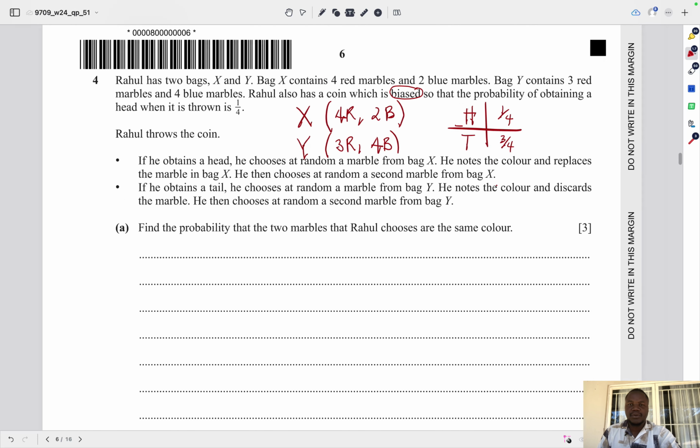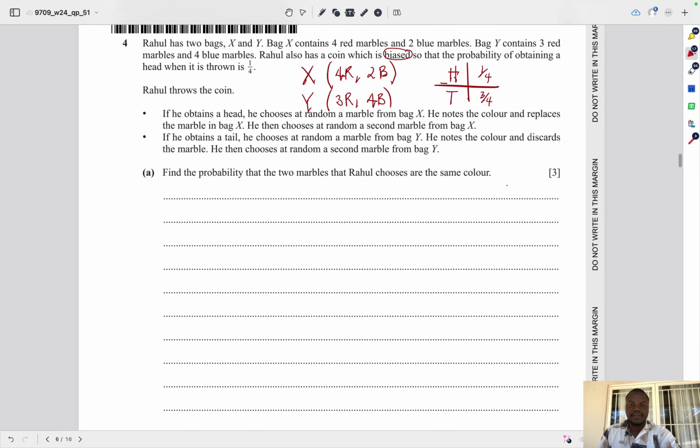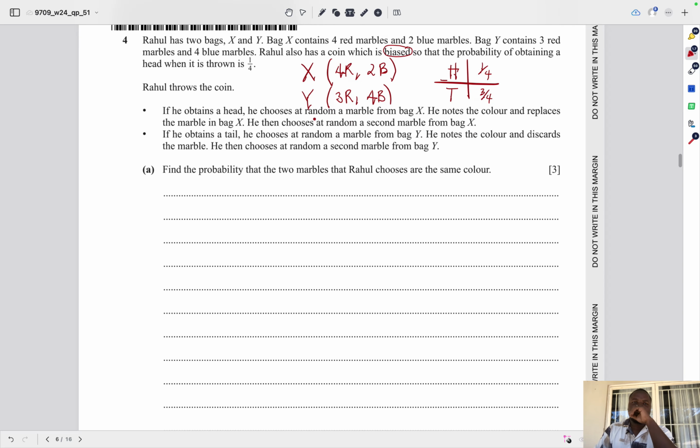So I'm just going to make this a bit smaller to have space. Now they are saying Rahul throws the coin. If he obtains head, he chooses at random a marble from bag X. He notes the color and replaces that. I'm going to underline that.